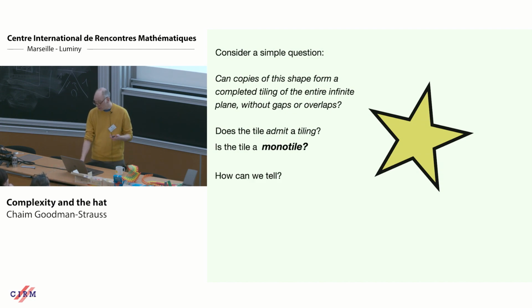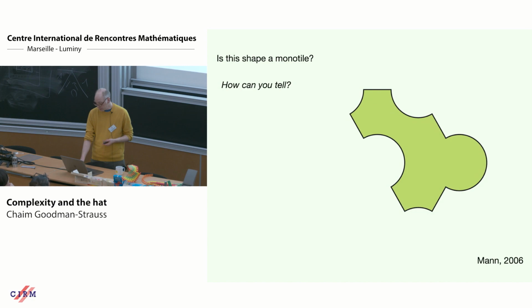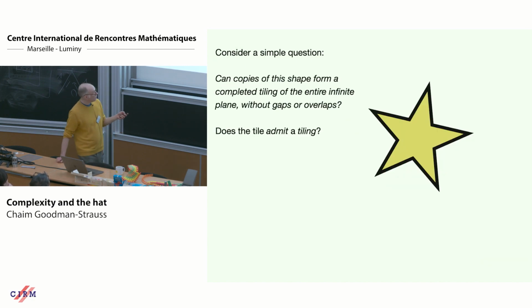So how can we tell? Here's another example. What's the proof for this one? If you take the point, something has to fit there, and the only thing that's going to fit there is a point. By the time you stick a point in there, you've pretty much blocked off any other possibility of filling that in. So that's the end of the proof.